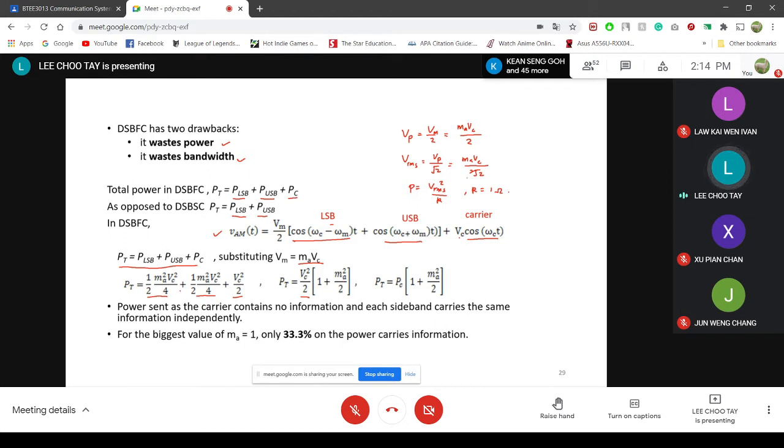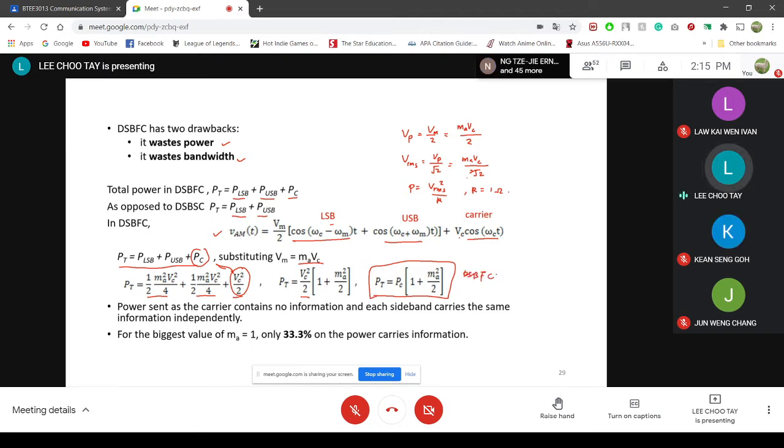You may want to go through the maths later on yourself. Next, what is Vc square over 2? We know that is actually the power in your carrier, which is this one here, so I substitute Vc square over 2 with Pc. So this is the expression for the total power in a double sideband full carrier signal.